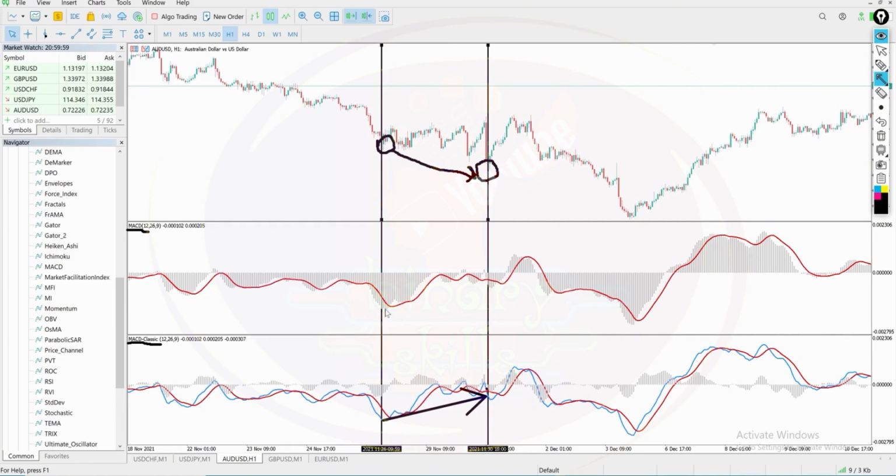Look, we can draw this trend from the histogram, which gives us a clearer and more accurate view. We see that both are showing an upward trend on the oscillators, but on the candles we have a downward trend. So, as you can see, divergences on the MACD are easily identifiable and observable.